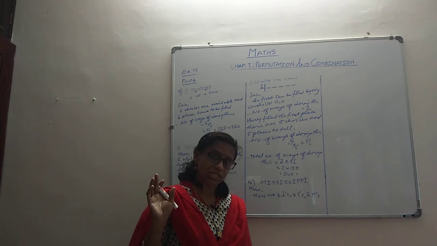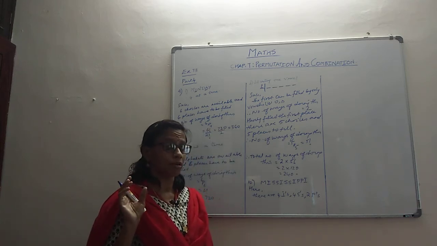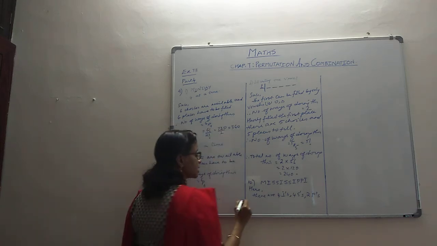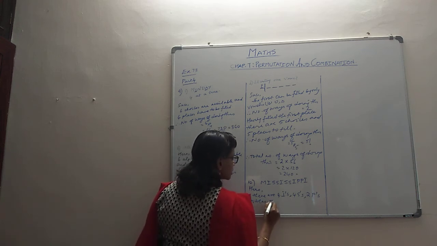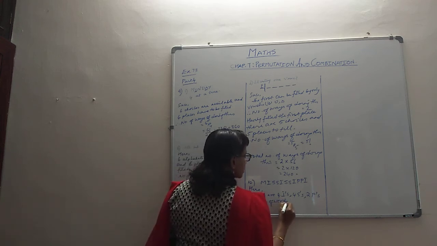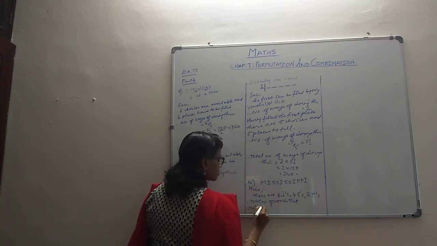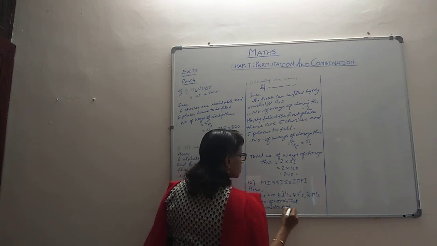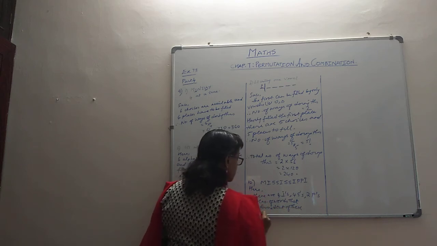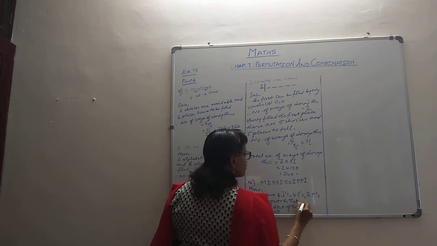Whenever there is repetition, the repeated number's factorial has to be divided to get the total number of words. So, let's write. Therefore, the total number of words that can be formed out of these alphabets: generally, we take 11 factorial directly.